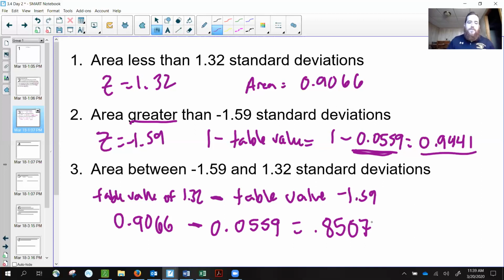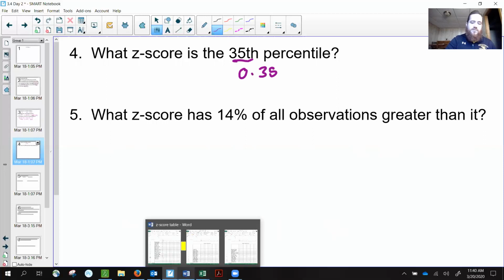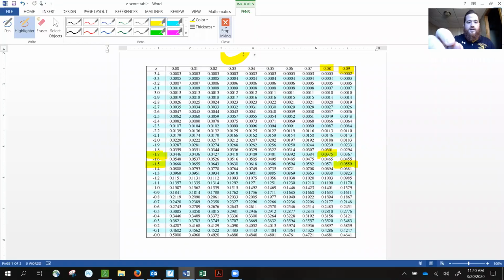Okay, your next one. What z-score is the 35th percentile? So the 35th percentile is saying there is 0.35 area to the left of this. So we're actually going to work backwards. I'm going to clear all this ink, clear all the highlighter.